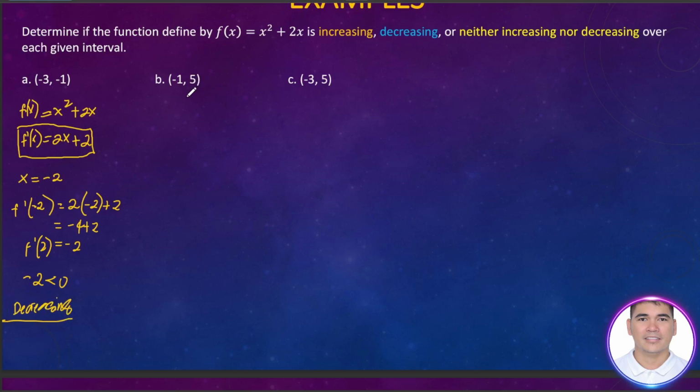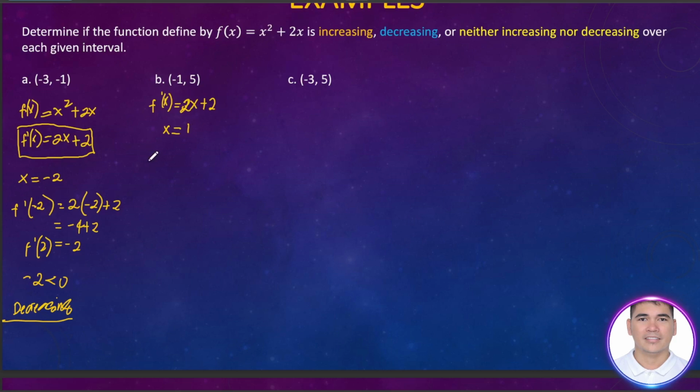Now, for the next example, open interval negative 1 and 5, the same process, we need to find the derivative of the function, the f of x. So, since we have the same f of x, the same also is the derivative of that, 2x plus 2. Now, let's find our x in between negative 1 and 5. So, we may choose 1 siguro. You may choose 0, 1, 2, 3, or 4.